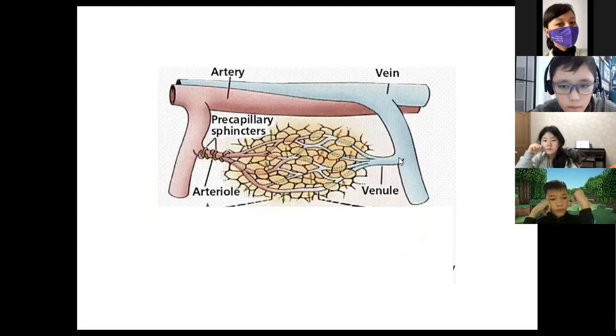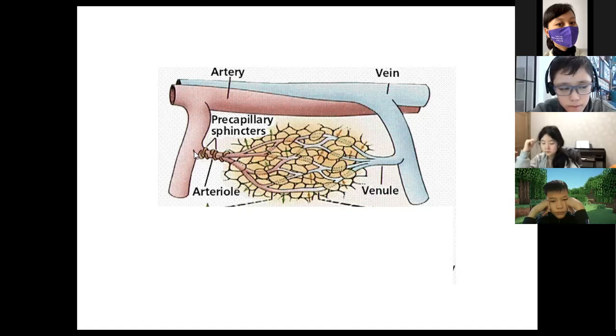This is a vein, and the small branches of a vein are called venules. Between them, we have a network of capillaries. They are small, at a cellular level. Every unit is a cell, and all of them form body tissue.